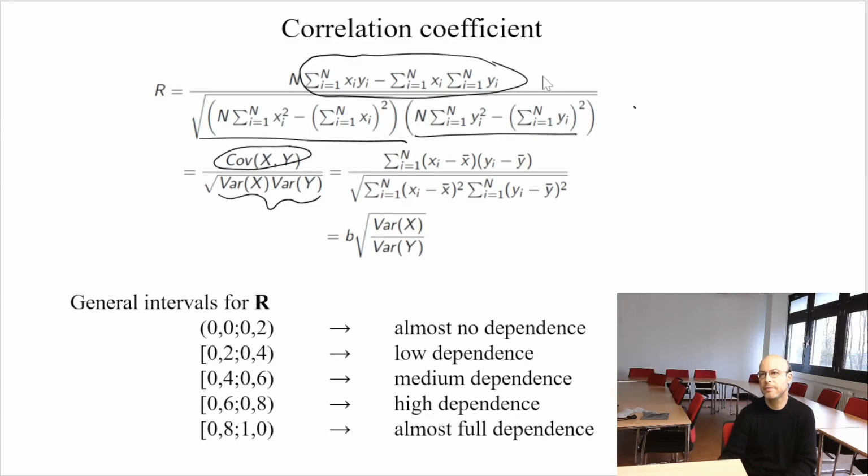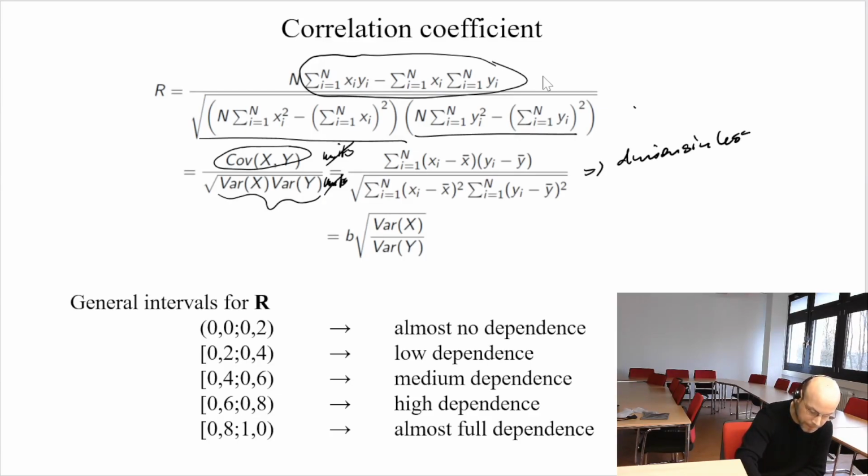Take my example with centimeters and kilometers, because then, of course, we would divide both units through each other. This will cancel, and then we have a dimensionless variable.